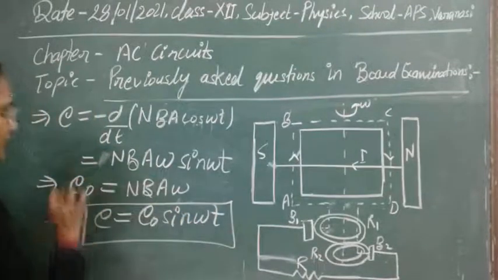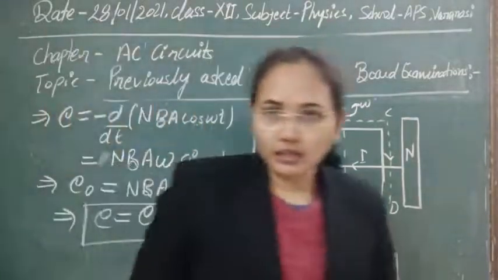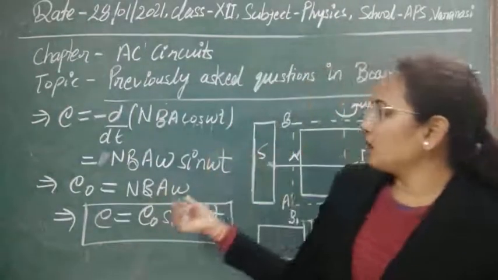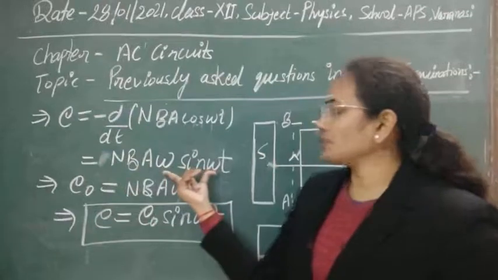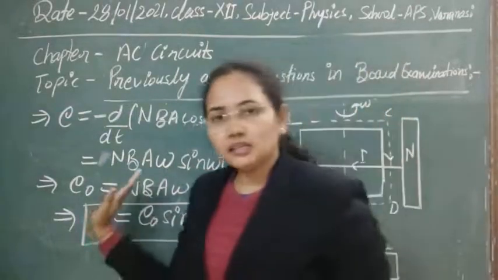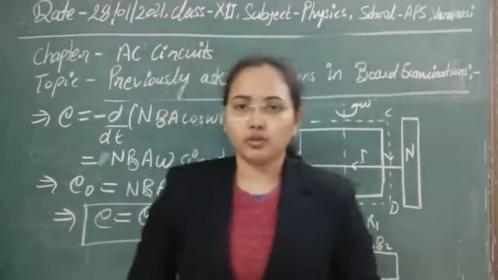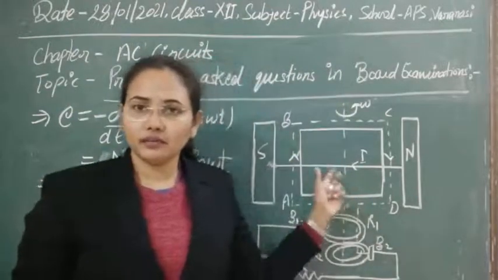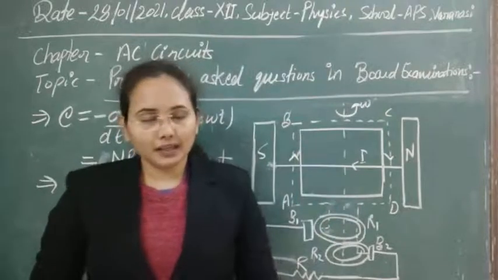So this is the expression for the EMF produced in any AC generator. If you don't write it, there is no problem, but you can write it in this form also. This is the basic, and this question has been asked a number of times.